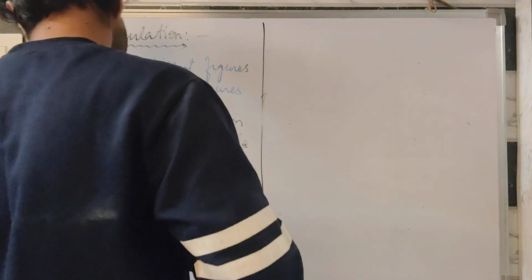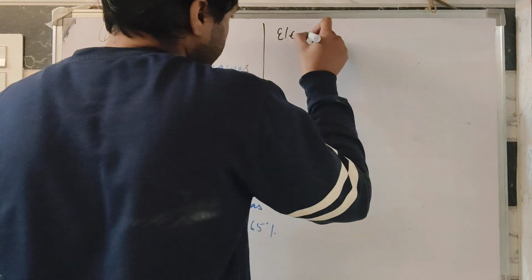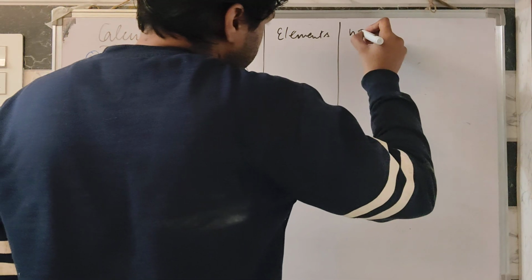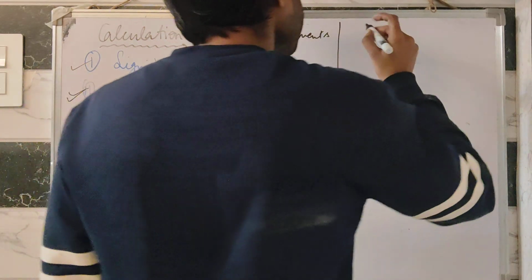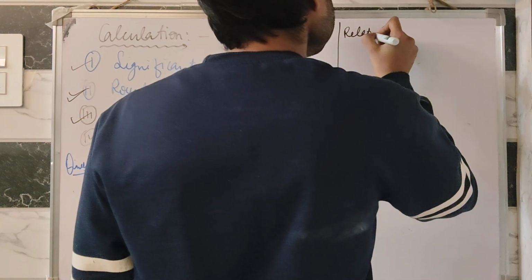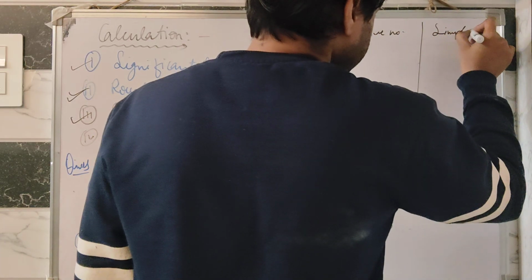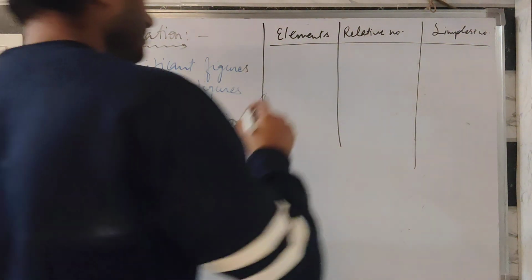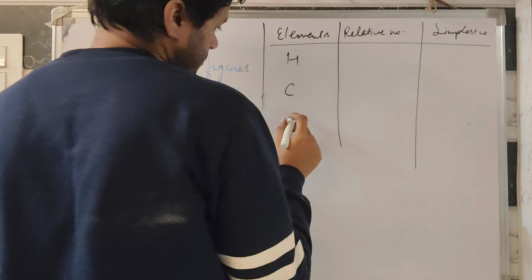The simplest method to calculate such a question is this. First we make a table of elements. It is the easiest and most systematic manner you can use. The columns are elements, relative number, and simplest number. How can you calculate the relative number? The percentages are given for hydrogen, carbon, and chlorine.